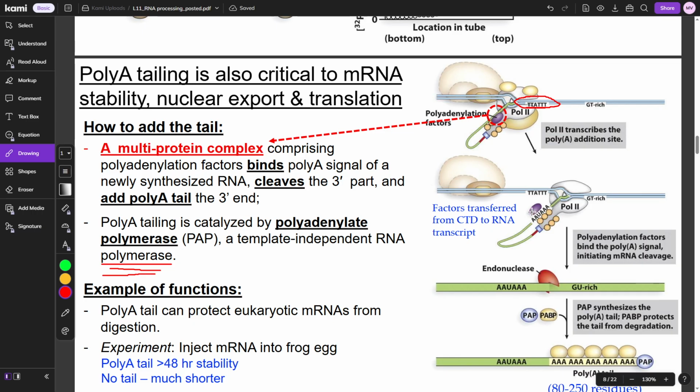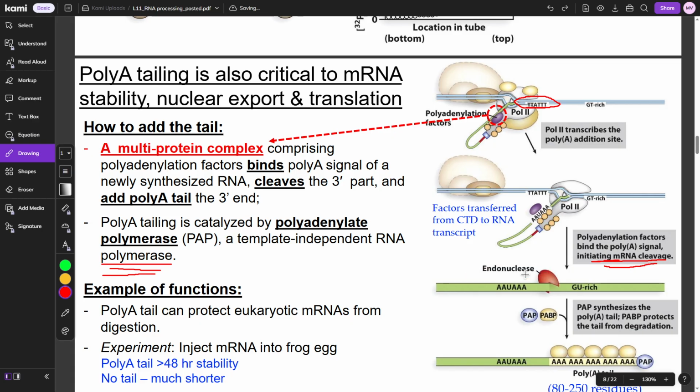Once those are transcribed, the PAP and all those factors are able to bind to that. And when they bind, that causes the mRNA cleavage. So it cleaves the 3' end of the strand through an endonuclease activity.